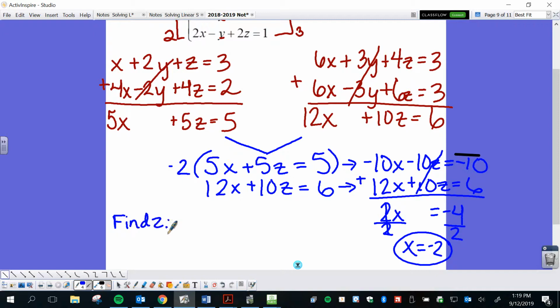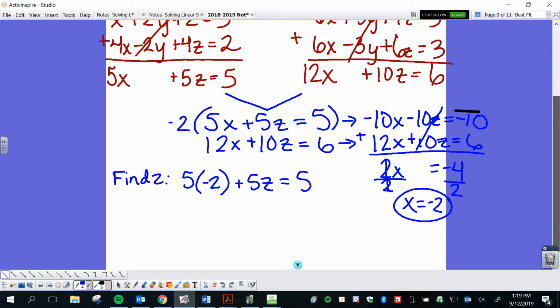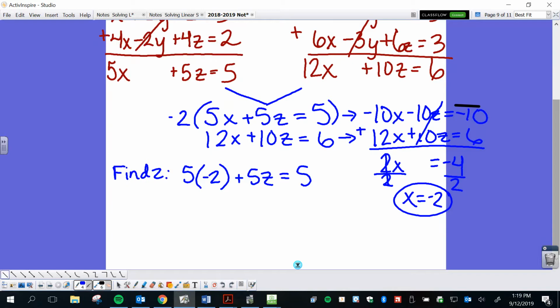How about we use this one, smaller numbers, right? So 5 times x, and x is negative 2, plus 5 times z equals 5. 5 times negative 2 is negative 10, plus 5z equals 5.